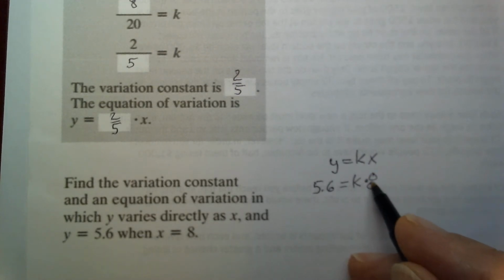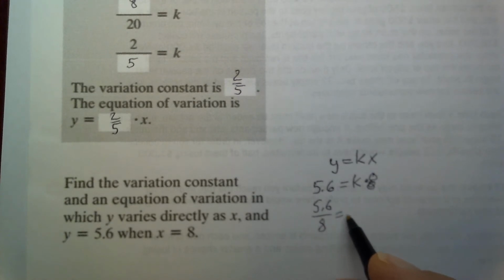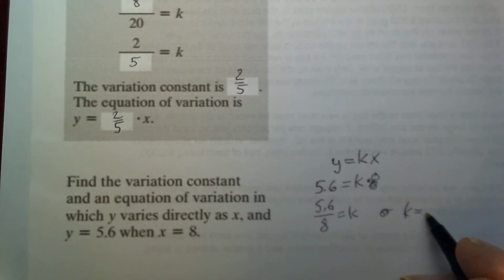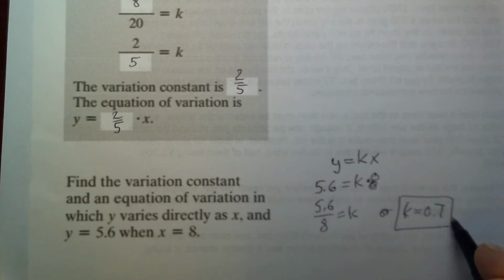So in other words, we divide both sides by 8, so 5.6 divided by 8 is equal to k, or k is equal to 0.7, so that's one result.